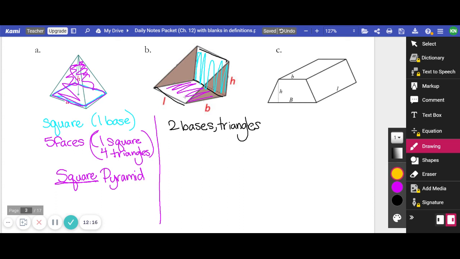There's that rectangle that lays over the top that joins it from the tippy top up here to down here, laying across the hypotenuse, if that was a right angle. We're not sure it is, but there's the outline of that. So that makes 5 faces. 2 of them are those triangle bases, and 3 of them are rectangles.